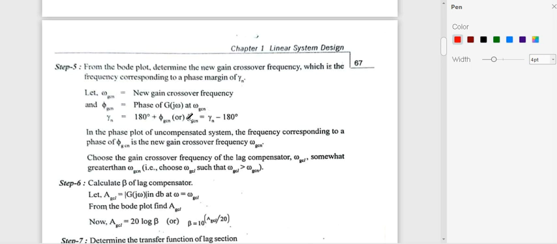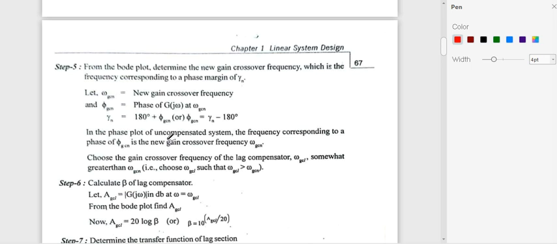From the Bode plot we find the new gain crossover frequency corresponding to phi GC n. In the plot of the uncompensated system, the frequency corresponding to phi GC n is the new gain crossover frequency omega GCn. So in step 5 we are finding omega GCn corresponding to phi GC n.